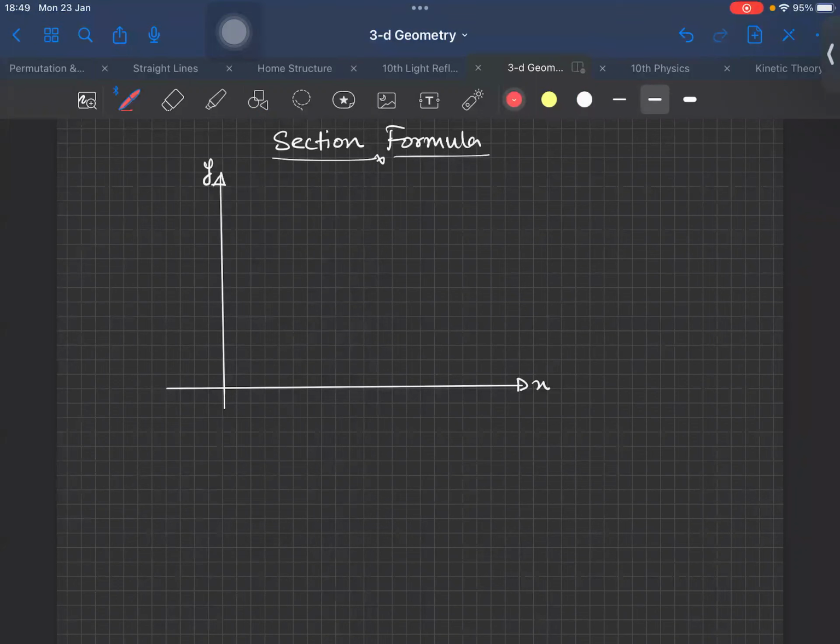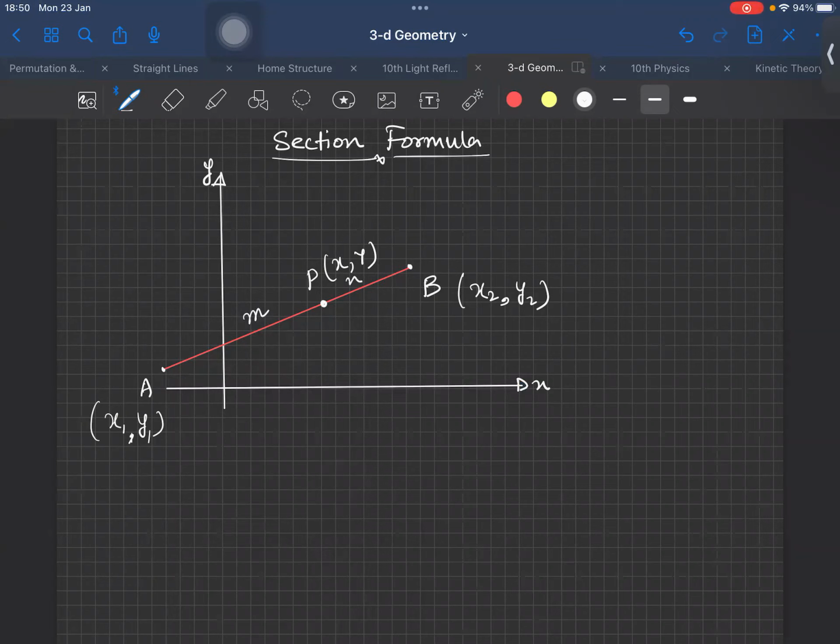Suppose there is any line like this, and you are dividing this line into two parts. Let's say this is point A and B. Now there is some point on this line, let's say P, whose coordinates are x and y. Let's say the coordinates of point A are x1, y1, and the coordinates of point B are x2, y2. This point P divides line AB in the ratio m is to n.